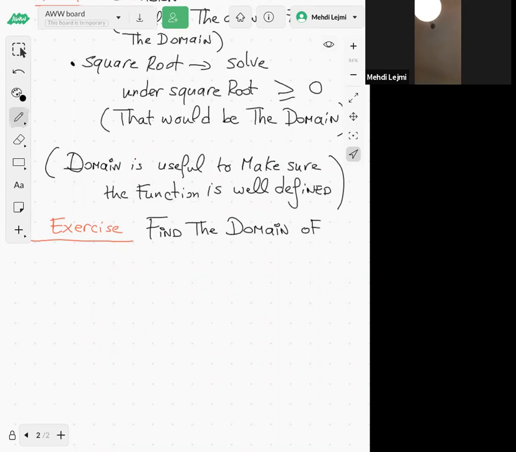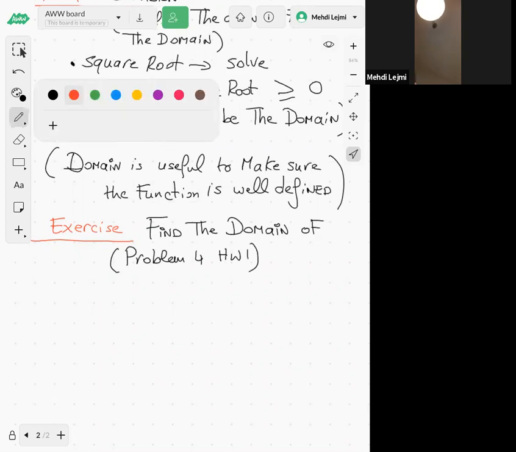After the exercise, we'll see how to find the domain when you have a graph, because as we said, there are two important ways to describe functions, either using equations or graphs. This exercise is similar to problem number 4 in homework 1.